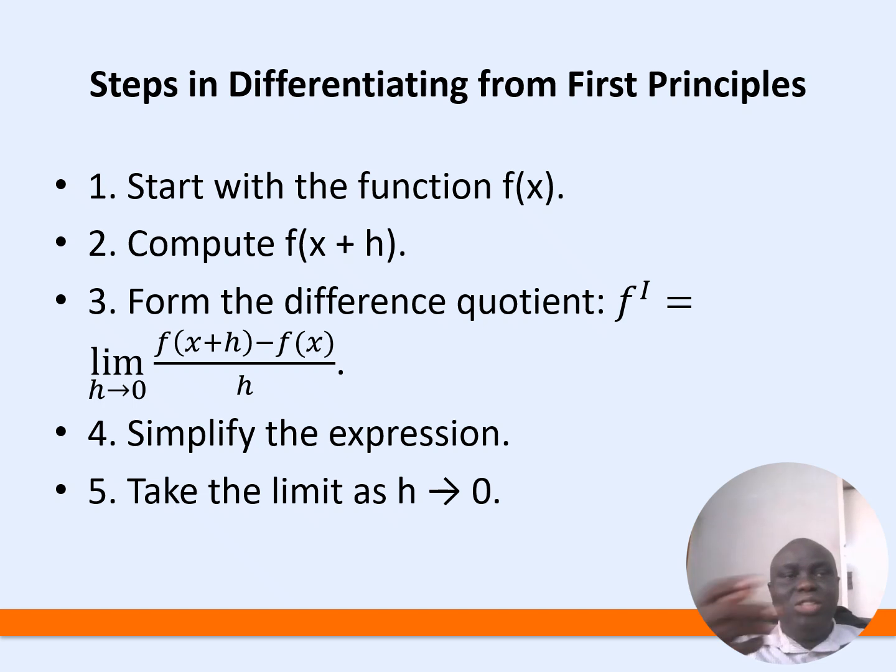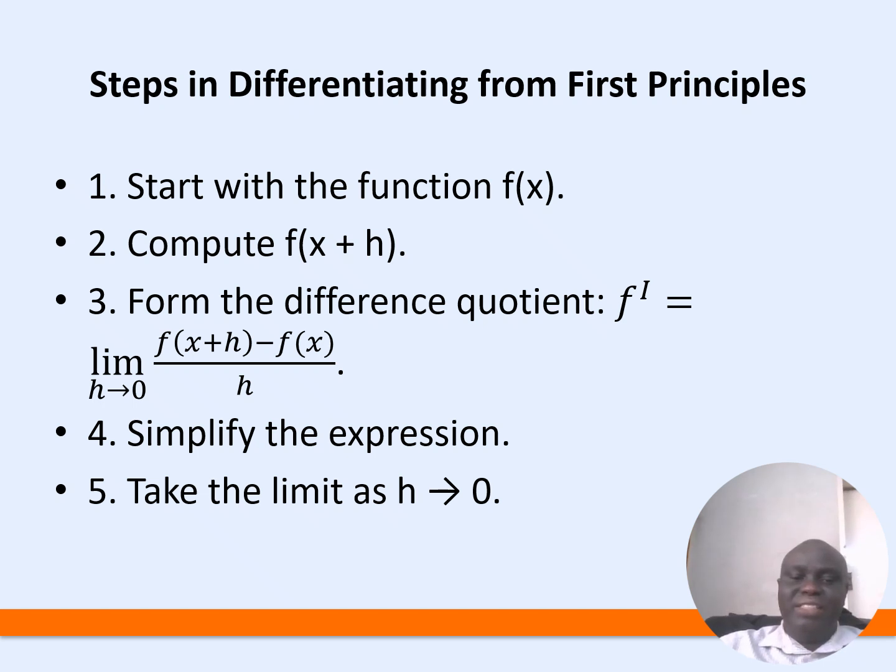Now, there are major steps involved when you talk about differentiation from first principle. The first step is to start with the function f of x, then compute f of x plus h. Anywhere you see x, you put x plus h. Then form the difference quotient: f prime is equal to f of x plus h minus f of x divided by h, when h tends to 0.